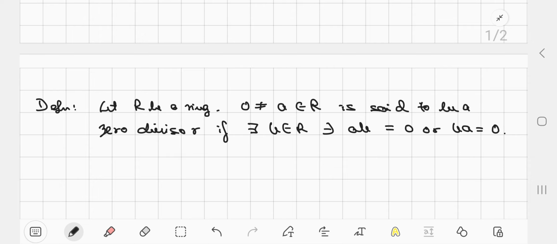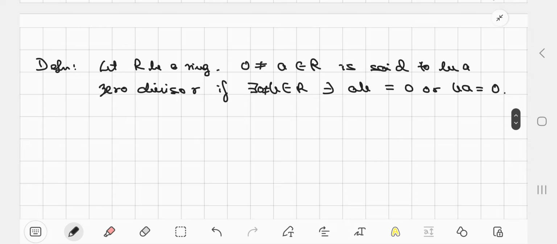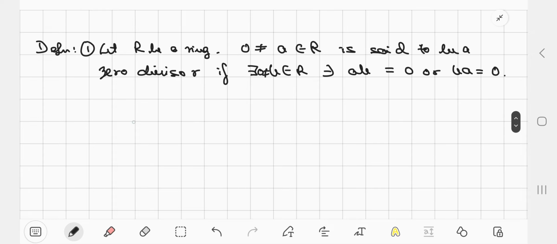I should also mention that the element b also needs to be non-zero, because otherwise there is no concept of saying a divisor for 0 exists, right? Okay. Next thing, so this is one definition. I should write it like, say, number 1, and number 2 is that let R be a ring.